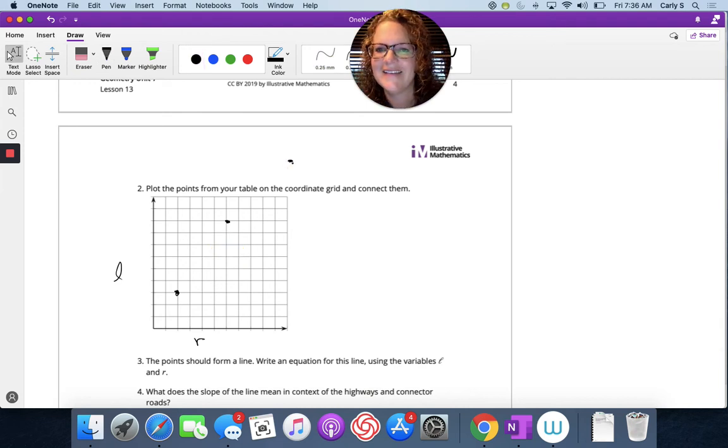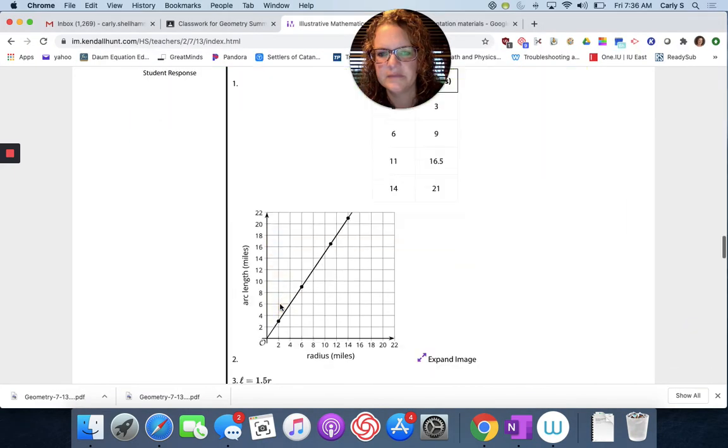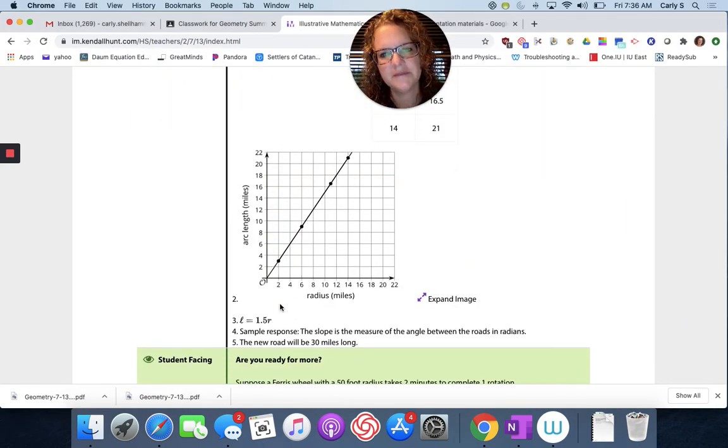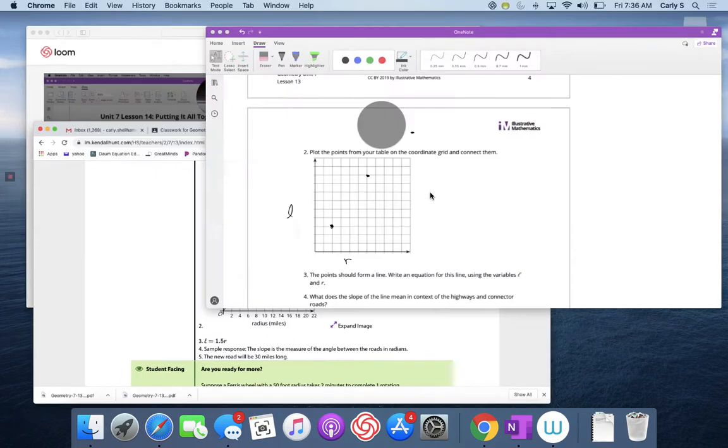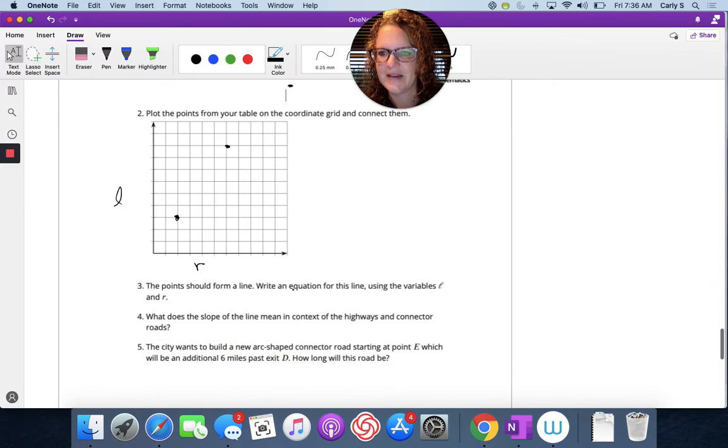Okay, let's just show you the answer. Okay, right there. What's it look like? It's linear, right? The points should form a line.